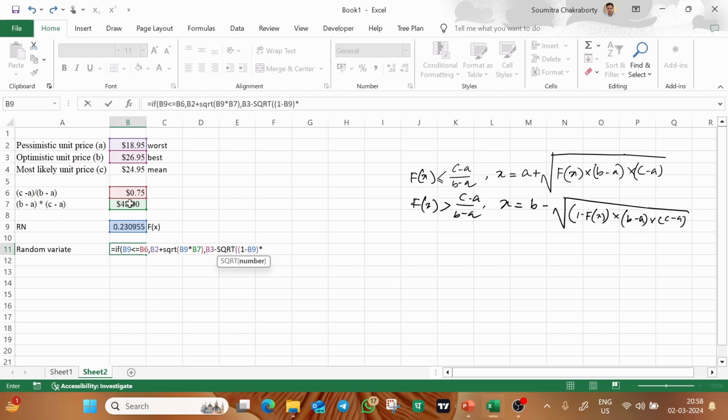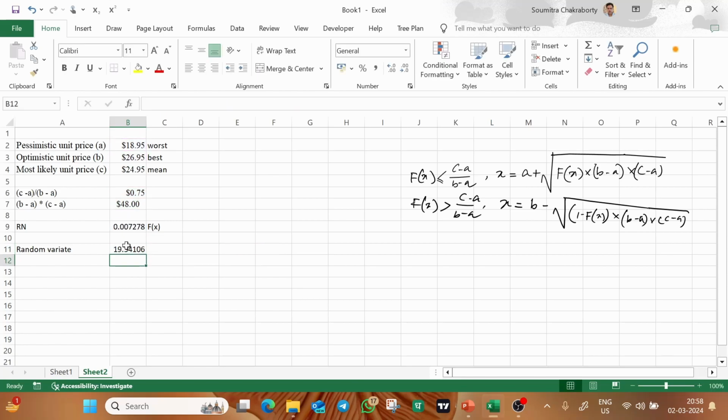That means this one. So this completes the formulation, and here is the output. So using this triangular distribution, the unit price of a random variate is 20.28 for just one replication.